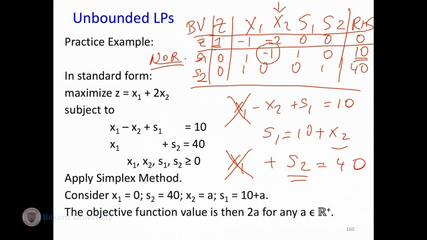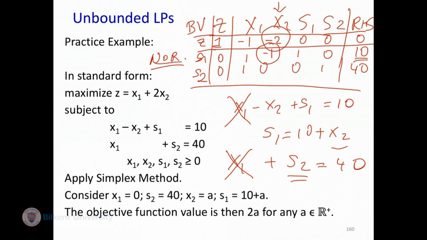And per unit, you have improvement in your objective function by 2 units, which means that you can improve your objective function indefinitely. Does that make sense? Is that clear how we arrived at an unboundedness point? Using the simplex method, there is an entering variable.